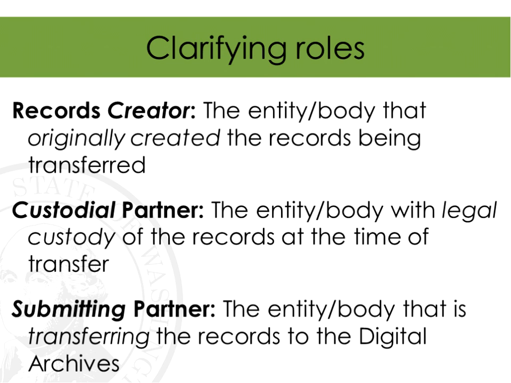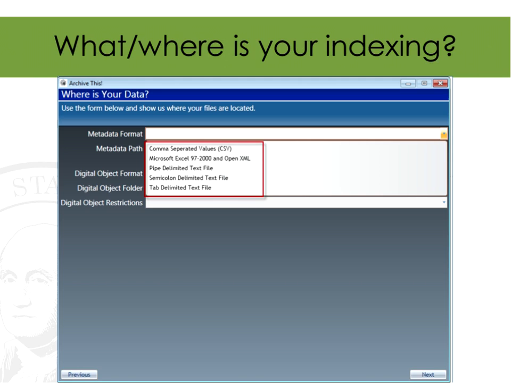And then submitting partner is the entity or body that is transferring the records to the digital archives. So that's going to be the entity for which you are working, for the person who is transferring these records. If the archives happens to be submitting some of these records itself, if we had scanned them at our end and we're sending them in, the archives would be listed as the submitting partner in this case. But when you're submitting these records, it's going to be your agency.